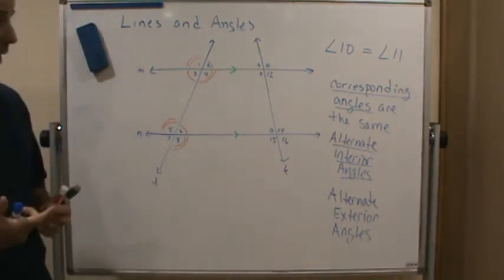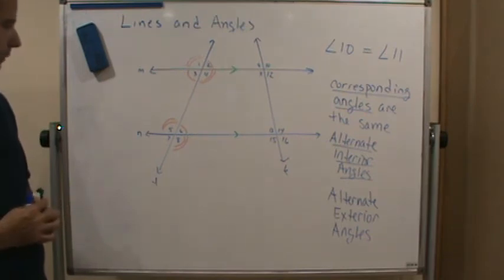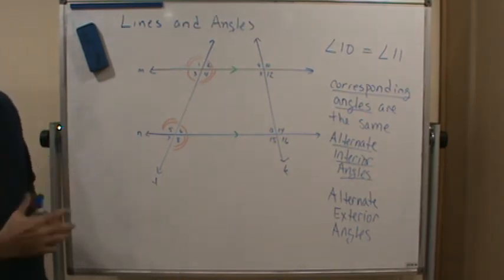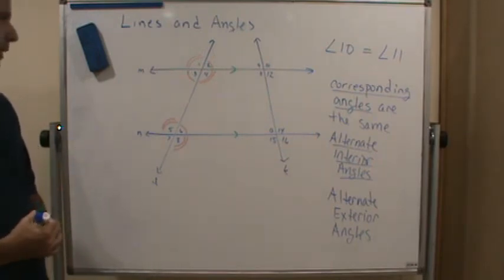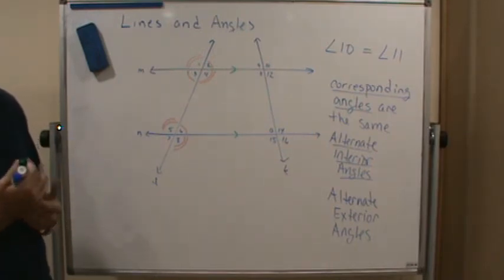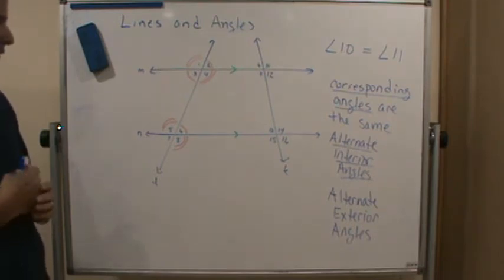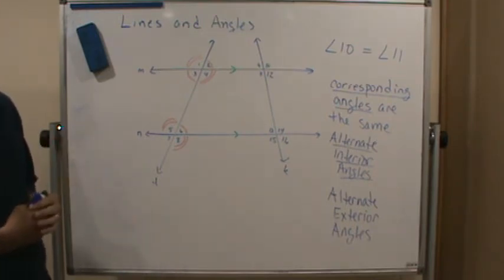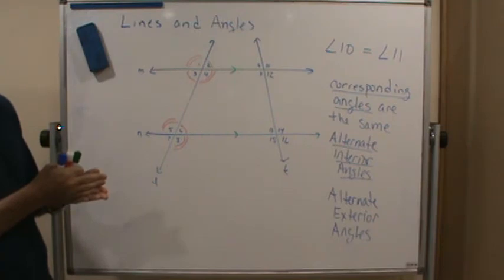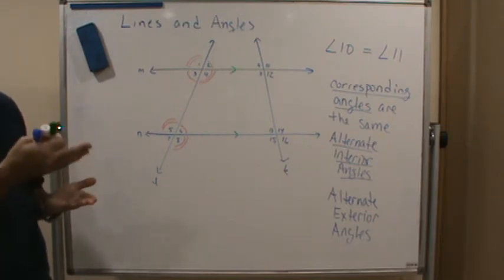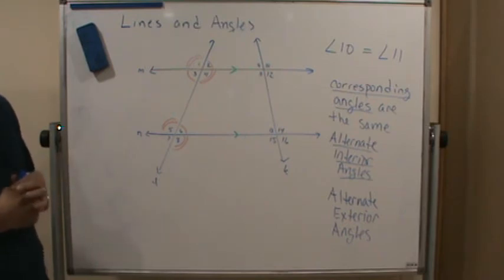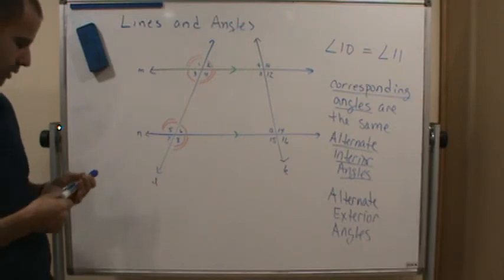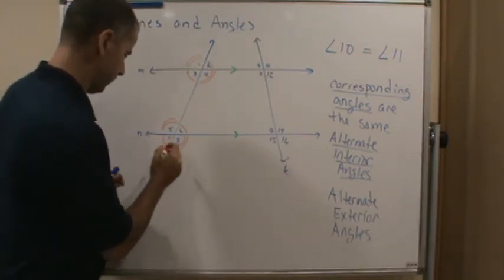So we've got corresponding angles, we've got alternate interior angles, we've got alternate exterior angles, and we've got vertical angles. Okay? So we've got several different ways of showing that when you have a transversal, you can deduce that certain pairs of angles are equal. Okay? Oops, we got this one here too.